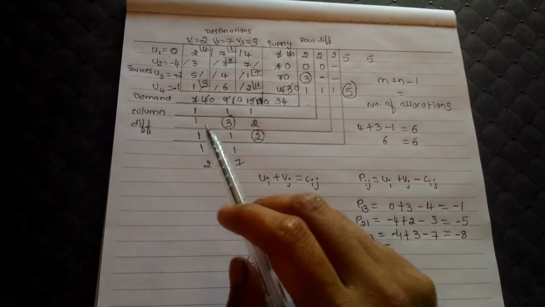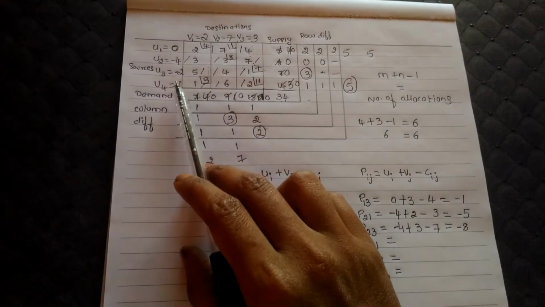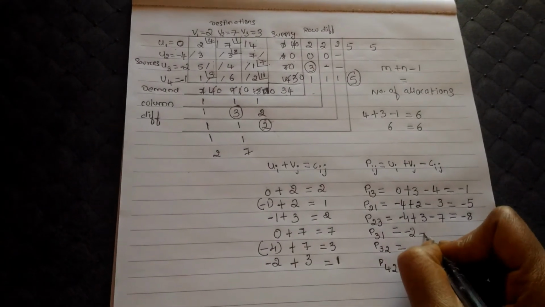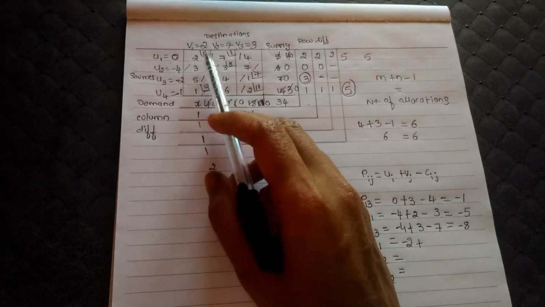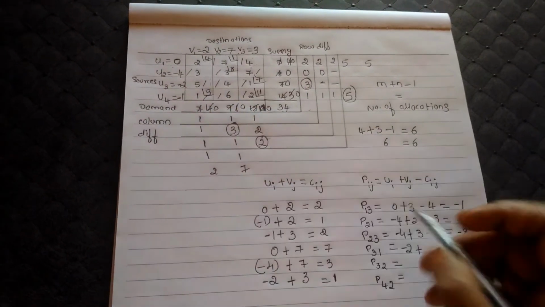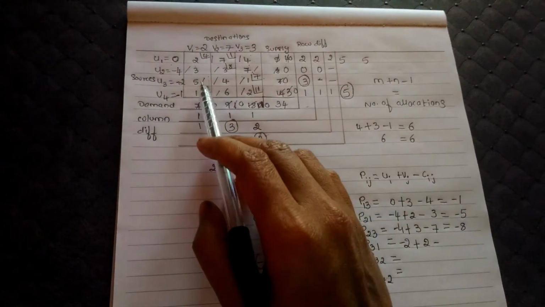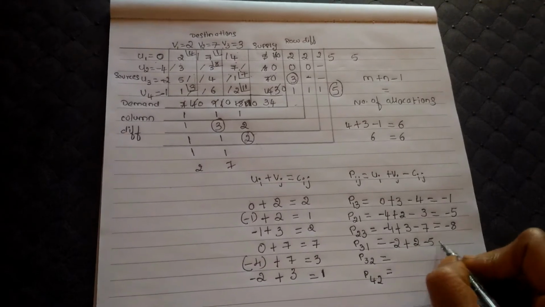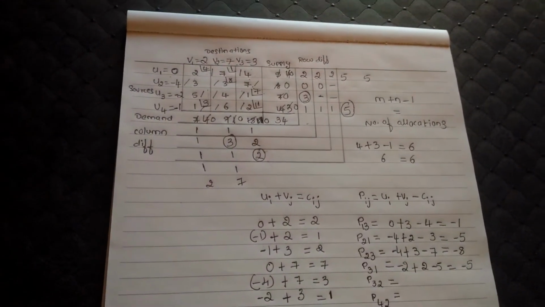Now to start off with the third row. Third row, first column is also an unallocated cell. What is the row value for third? Minus 2. Plus, what is the column value here? For this cell, the column will be V1 and the value here is 2. That is 2 minus the Cij value, which is nothing but 5. Answer will be minus 5.